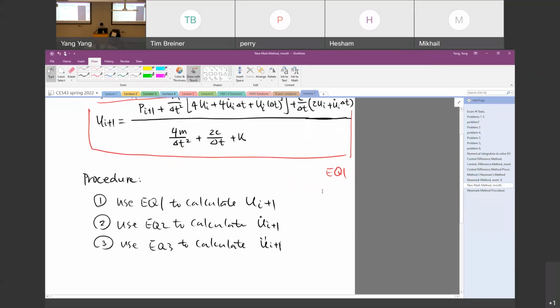And this one looks like a little bit more complex than the central difference method, but there is a benefit. This method is unconditionally stable.